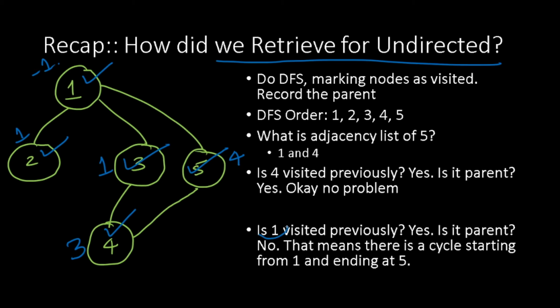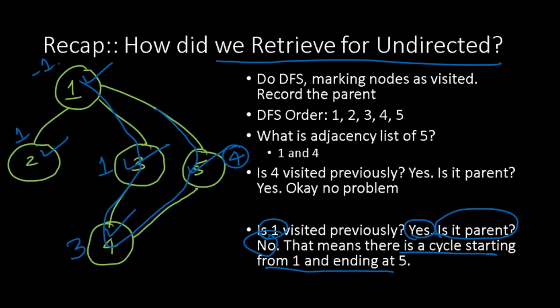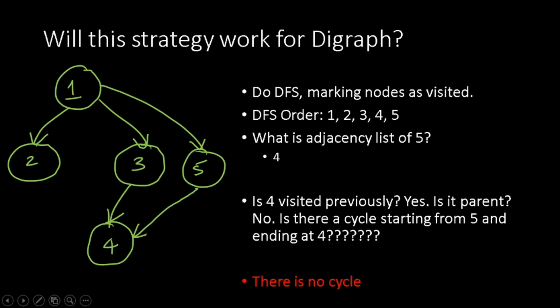Was 1 visited previously? Yes. Is it the parent? No, the parent is 4. That means there is a cycle starting from 1 and ending at 5. It worked very well for our undirected graph. Go ahead and check out the video if you haven't watched it, please.